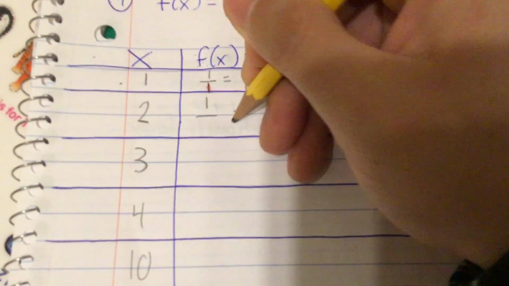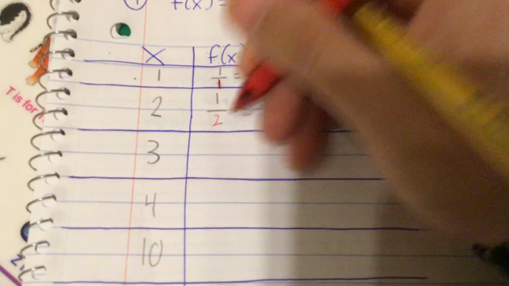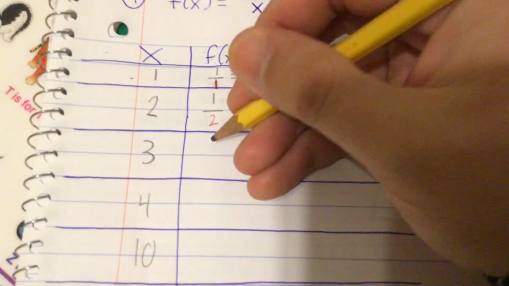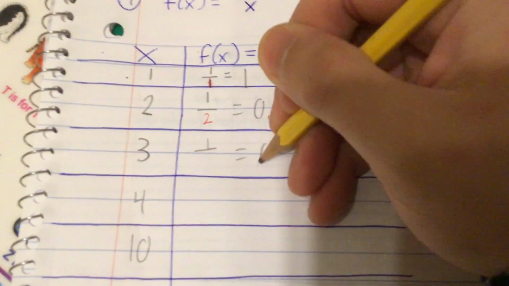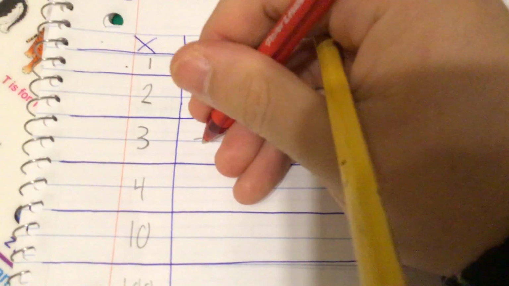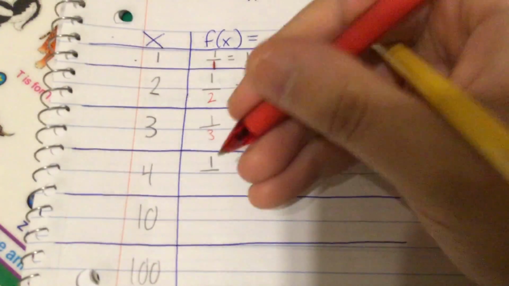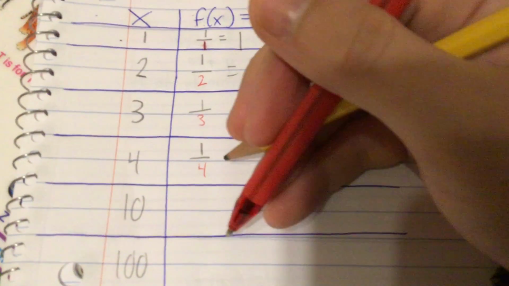So I've got 1/2, which is 0.5. I'm going to plug in 1/3, which is 0.33333333333333, and so on and so forth. 1/4, which is going to be 0.25.